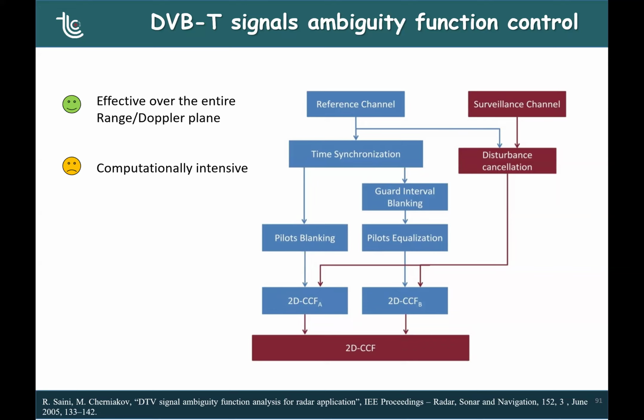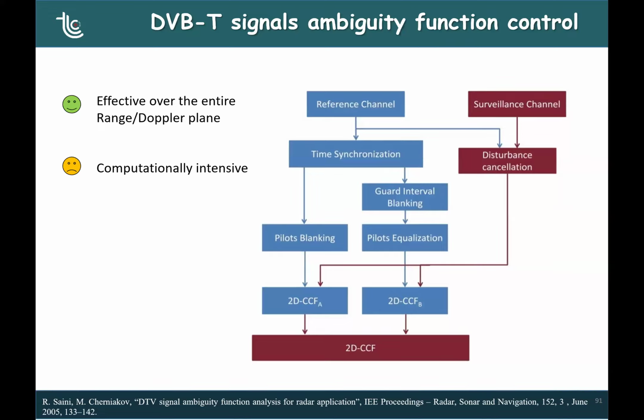You see guard interval blanking, pilots equalization, pilots blanking. So there are multiple steps that must be done on both the reference channel and the surveillance channel that has the same characteristics.